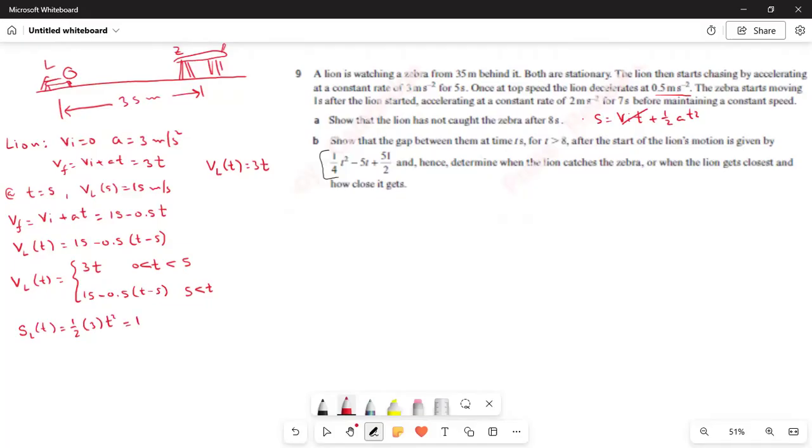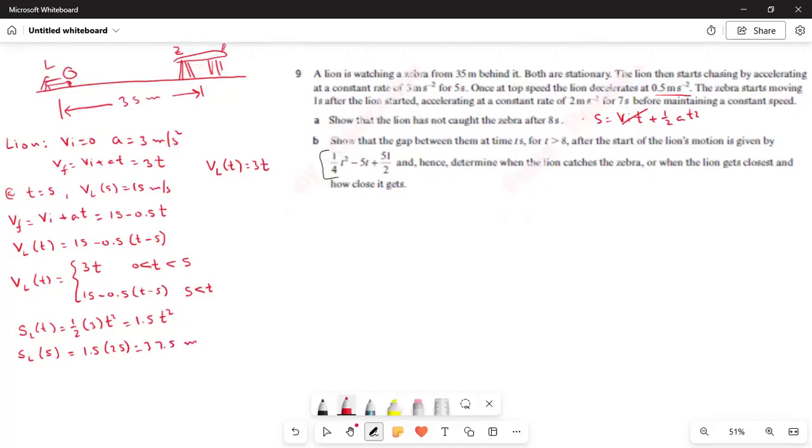So it's going to be 1.5 t squared. And again, this equation is valid for the first 5 seconds. What is the distance at 5 seconds, at the end of this period? This is going to be 1.5 times 5 squared, which is 25, so it's going to be 37.5 meters.